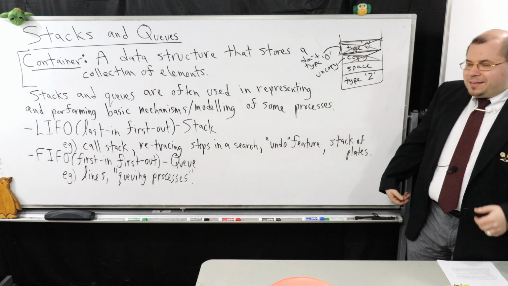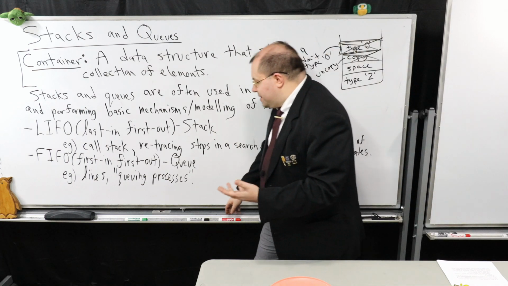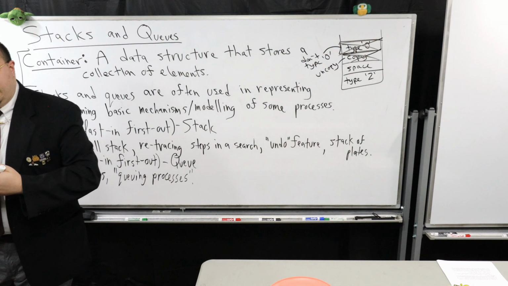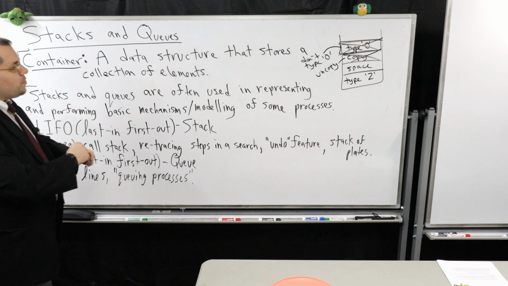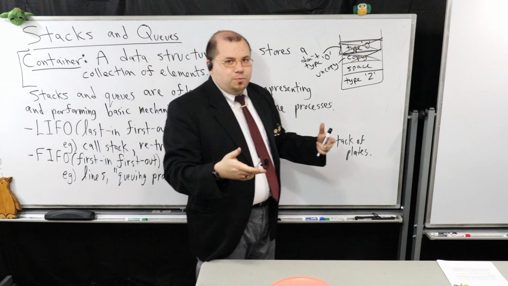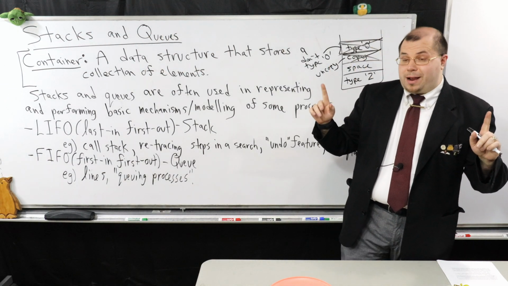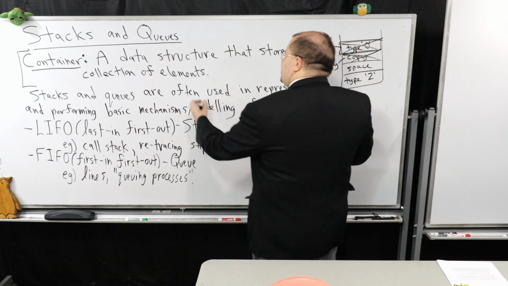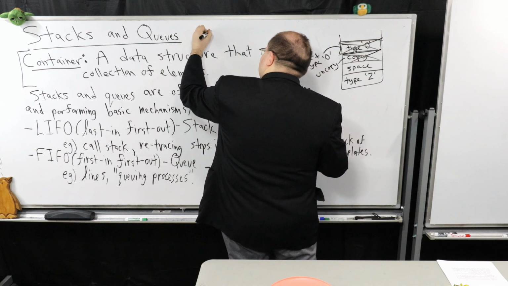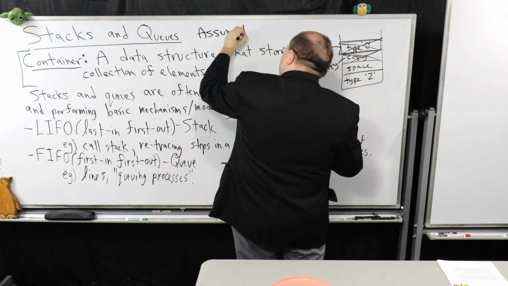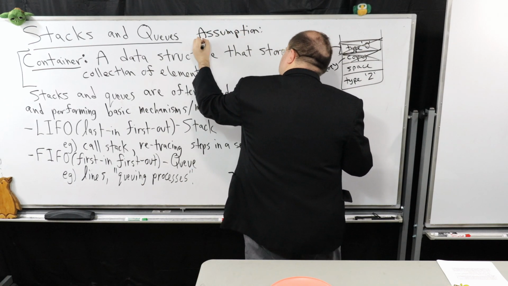One other piece that I want to add is an important assumption I'm going to make in this lecture. Whenever I talk about an implementation of one of these data structures using an array, I'll address it if we have time after.